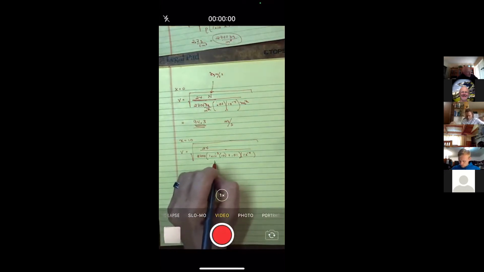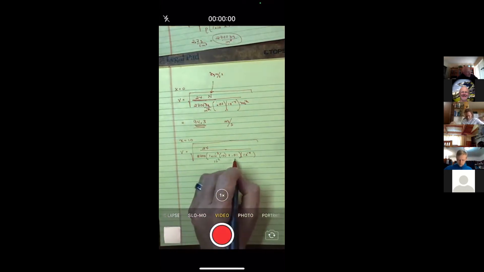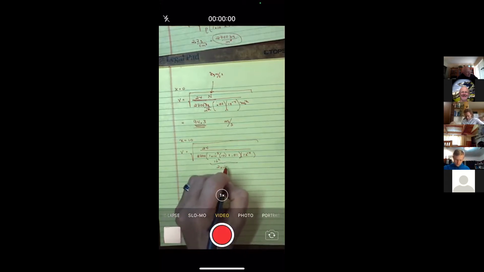And I guess that makes 10 to the minus 2, and then that's a 10 to the minus 2. So this is 2 times 10 to the minus 2. And so together this is 2 times 10 to the minus 6.